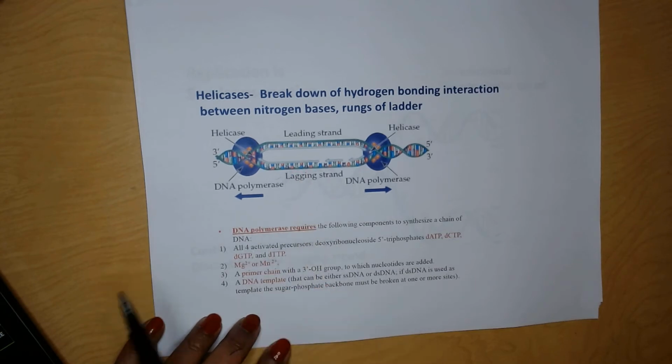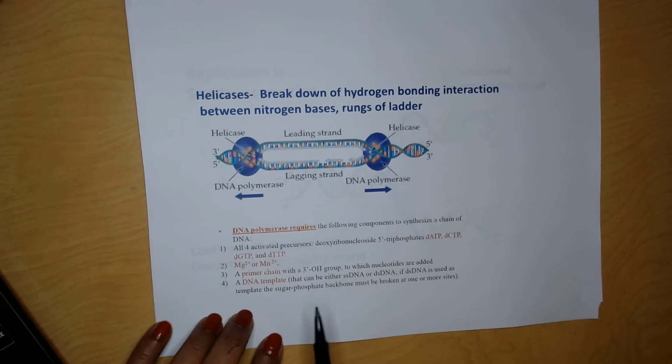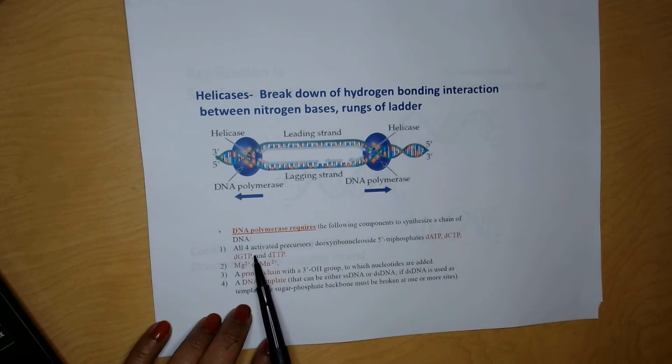Now that we have seen that, we're going to discuss what is called the DNA polymerase, and that requires the use of activated nucleotides. That means the nitrogen base must be phosphorylated. So it will be deoxyguanosine triphosphate, deoxy-ATP, deoxy-CTP.